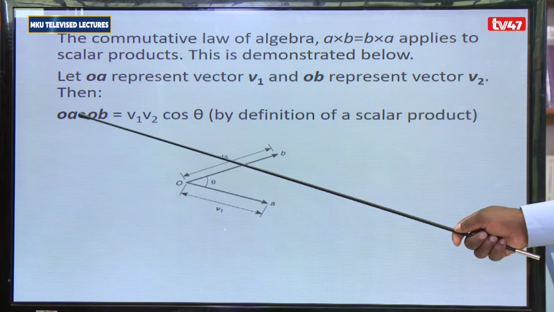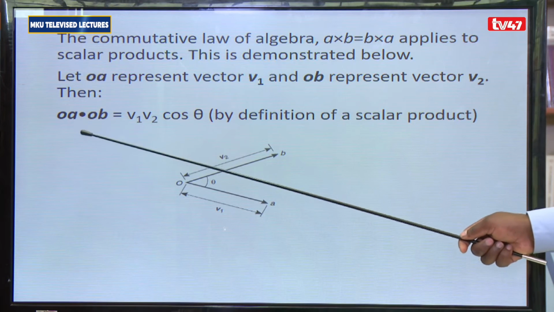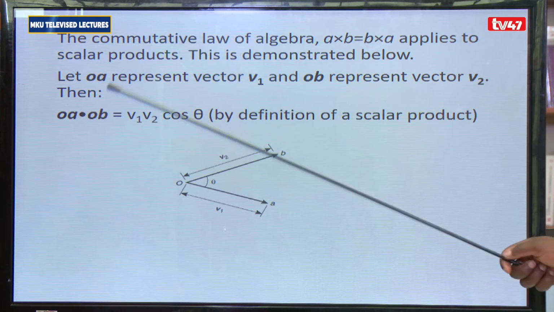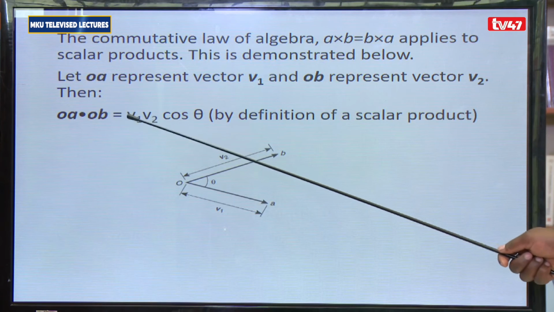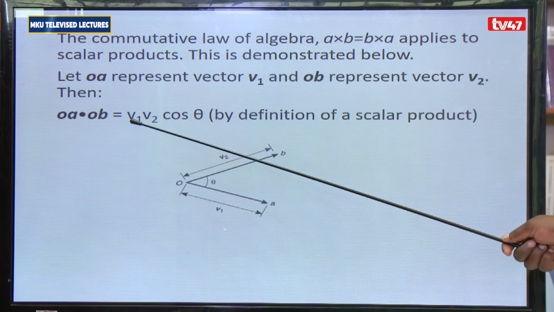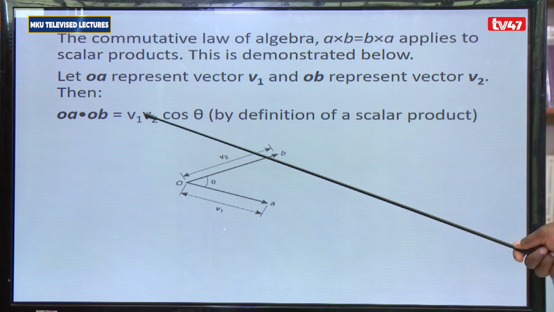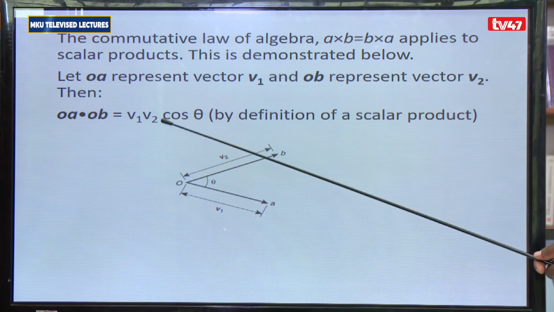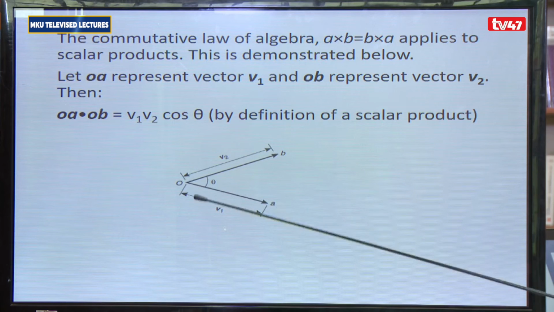This dot simply shows that you are doing a dot product. So OA dot OB is going to be given by the magnitude of OA times the magnitude of OB, then the cosine of the angle between them.